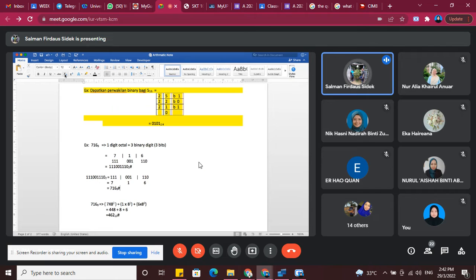I know you can do all this using a calculator, but do remember that in my class I would like to teach my students the concept of number calculation without using any device. So this is how we convert from one system to another manually, without using a calculator.